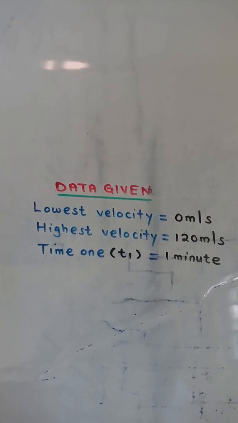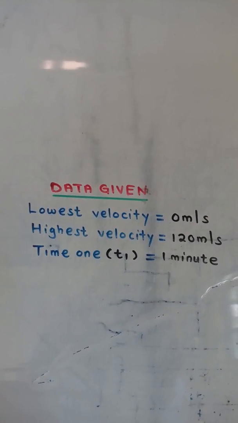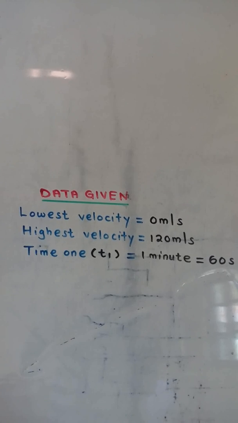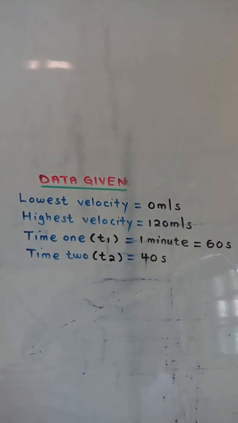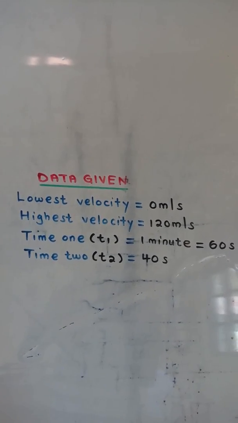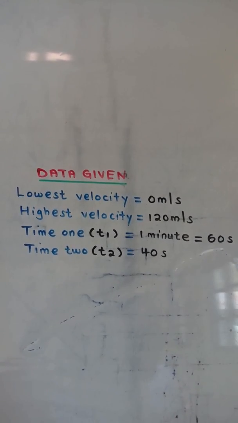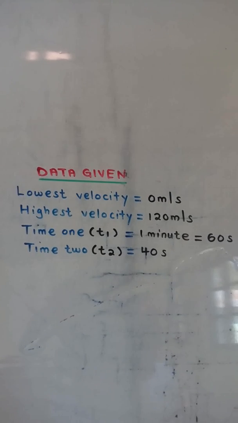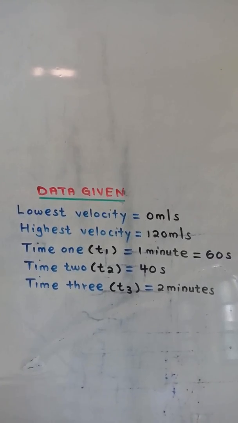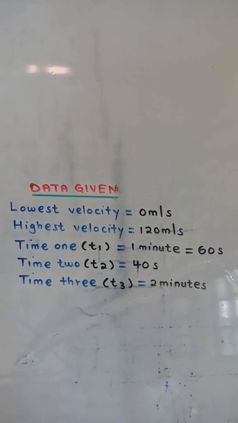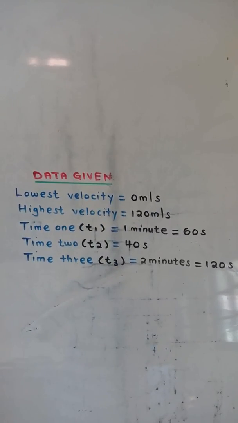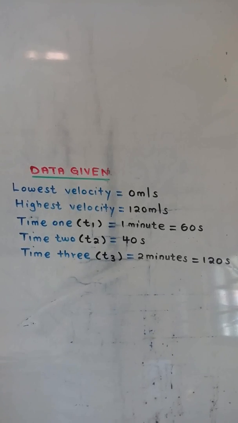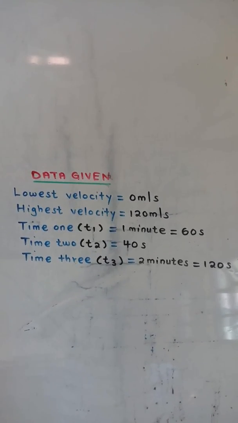Time 1 is equal to 1 minute, which is equal to 60 seconds. Time 2 is equal to 40 seconds, and time 3 is equal to 2 minutes, which is equal to 120 seconds.